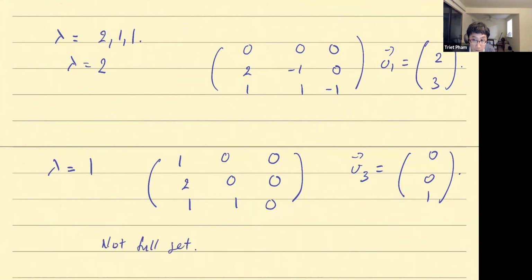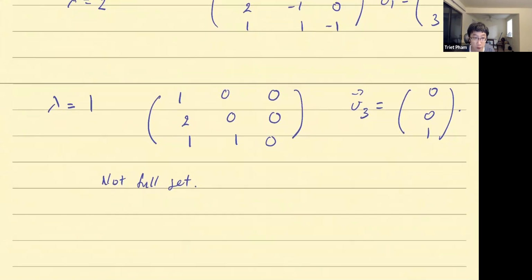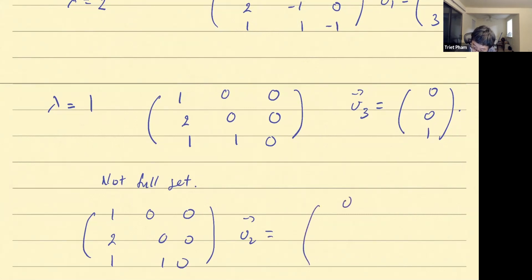So I need to look for a V2 of (1, 0, 0; 2, 0, 0; 1, 1, 0) times V2 equals (0, 0, 1). I hope I'm not doing anything wrong here.